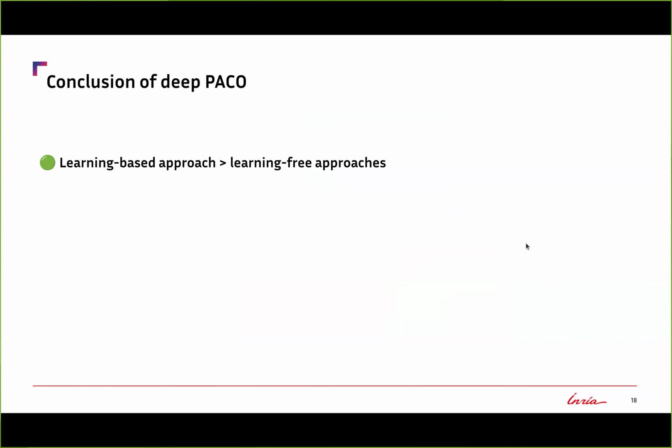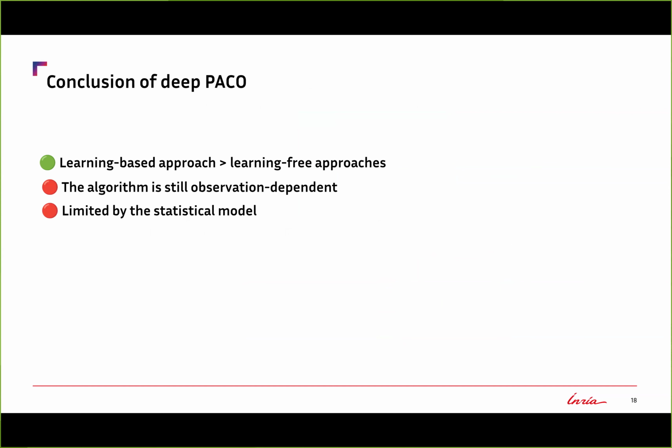Yes. So with deep PACO, we have seen that the learning-based approach gives better results than learning-free approaches. But there are still some issues with this technique. The algorithm is still observation dependent, meaning that you need to train a new neural network for each new observation, which is not ideal.